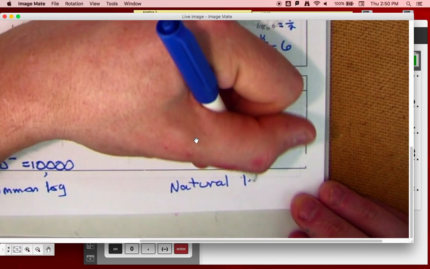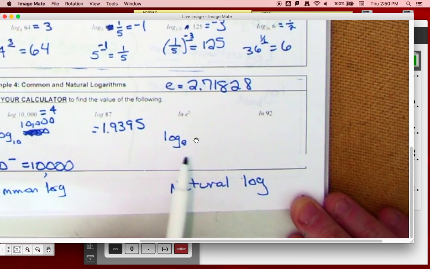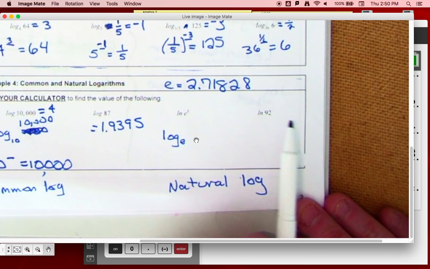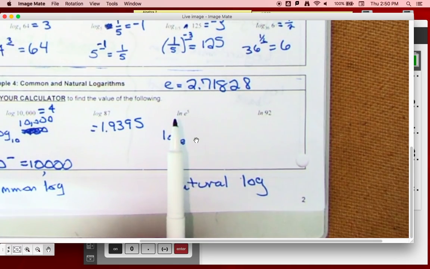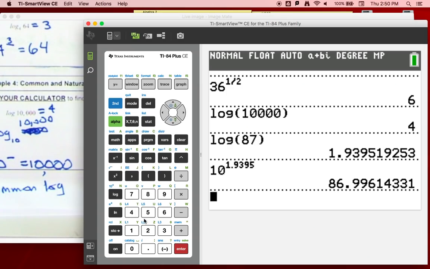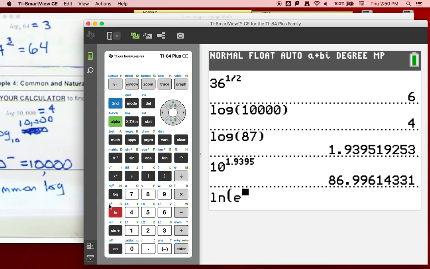We call that the natural log. So anytime you have e in your equation, instead of doing the logarithm, we want to do the natural log. Okay, and once again, we can do that on the calculator. So if we do ln of e to the 5th, whoops, that won't work.